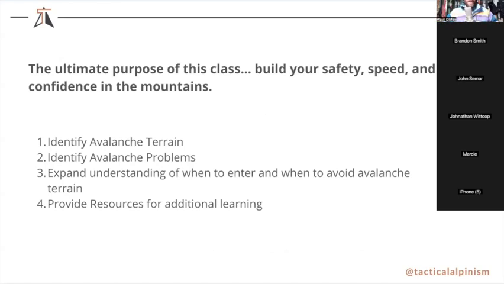The biggest thing as a recreational user in the mountains that we need to understand is that our major tool for planning around avalanches and dealing with them is avoidance. In order to avoid them, we have to understand what they are and why they occur.